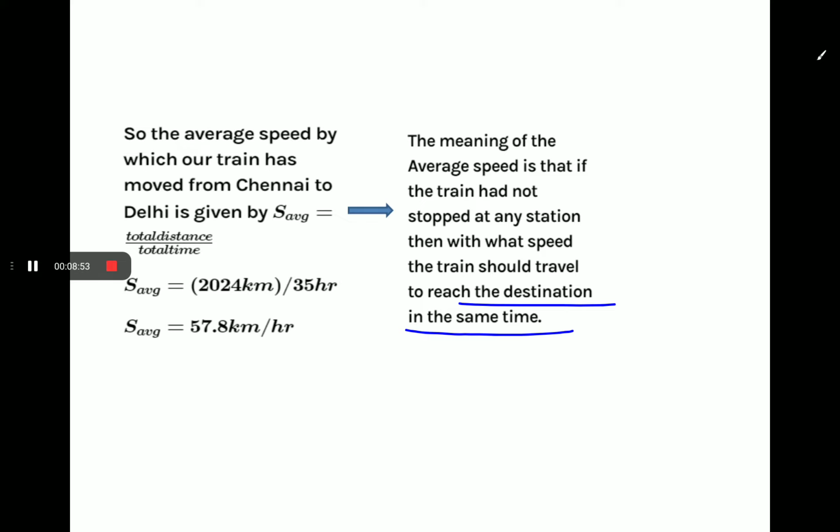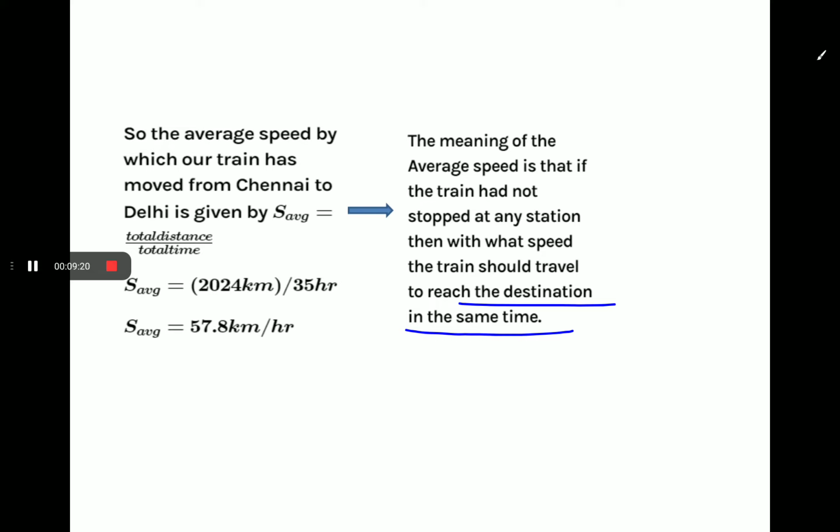Student, I repeat: if the train had not stopped at any station, then with what speed would it have had to travel from Chennai to Delhi to reach its destination in the given 35 hours? That speed is called average speed.